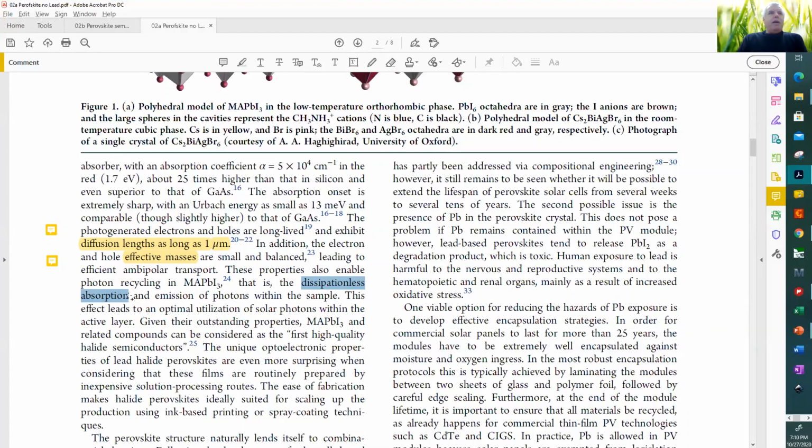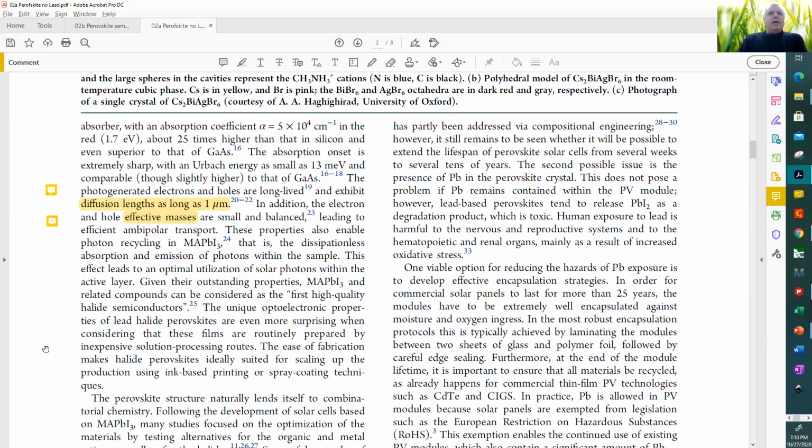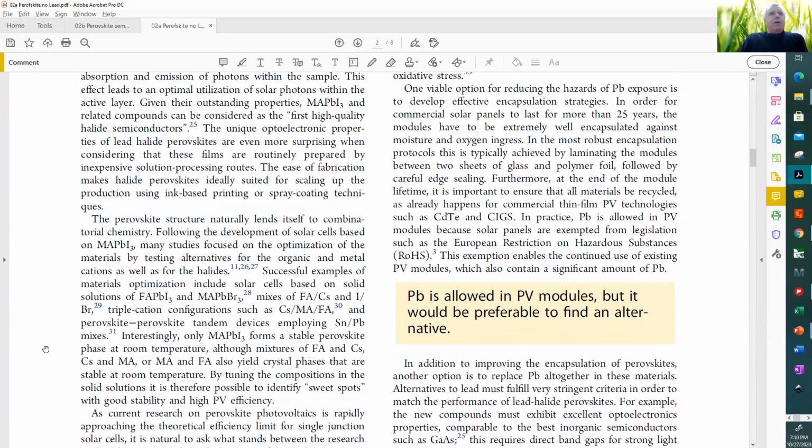So they're high quality halide semiconductors. So who knows, maybe we can make photovoltaics with them, maybe we can make electronics with them. I do not know. But one of the things that I'm not really clear about, and it's probably pretty obvious, is how you make the P and the N type MAPbI3 materials.